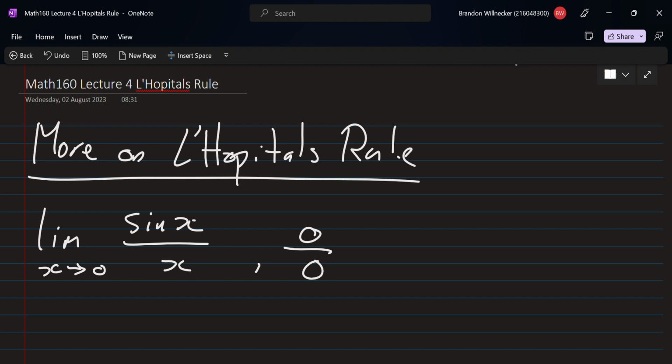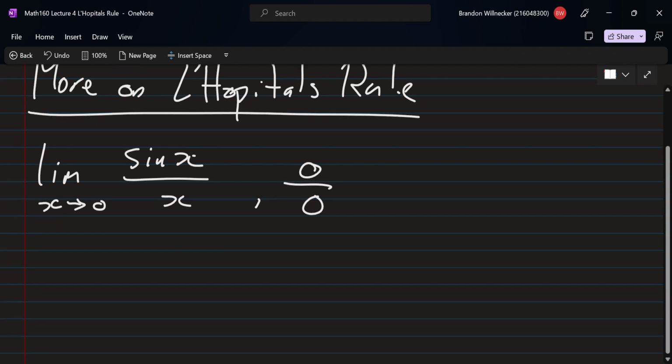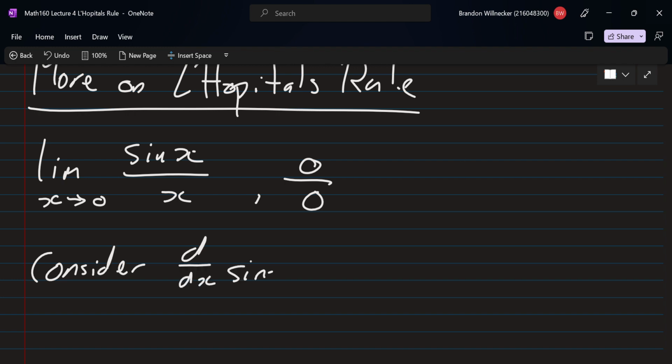L'Hopital's rule is not applicable here, and the reason is, if we consider finding the derivative of sine x, d by dx of sine x. If we were to use L'Hopital's rule, we would have to differentiate the top part, and then differentiate the bottom part.